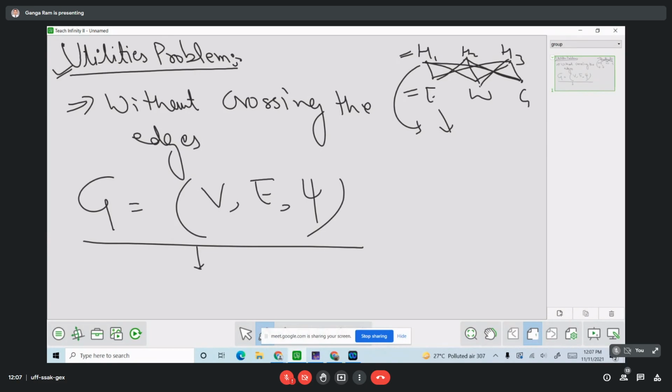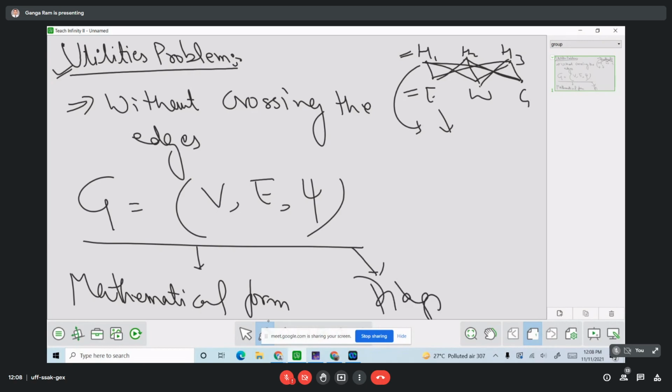The first one is the mathematical form, and the second one is the diagram form. A diagram is also a geometric representation. Clear? So this graph can be represented in two ways.